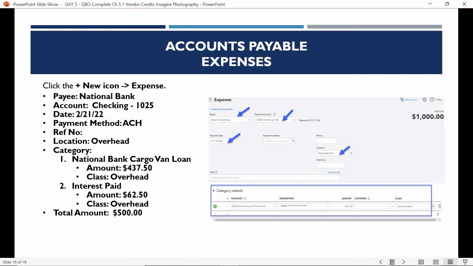And the rule is you always pay interest first. Never will you pay your principal off first. You pay your interest first, and whatever extra amount of money there is goes towards your actual principal.